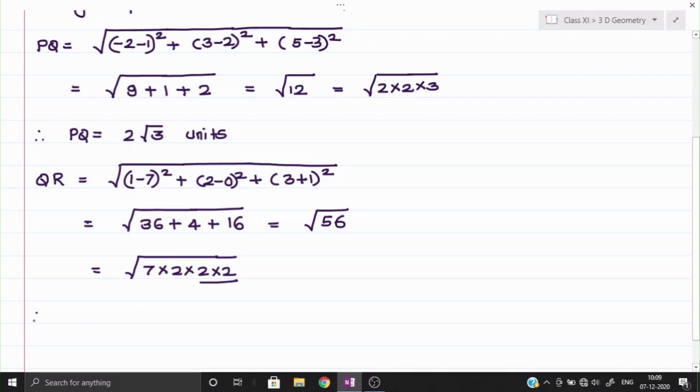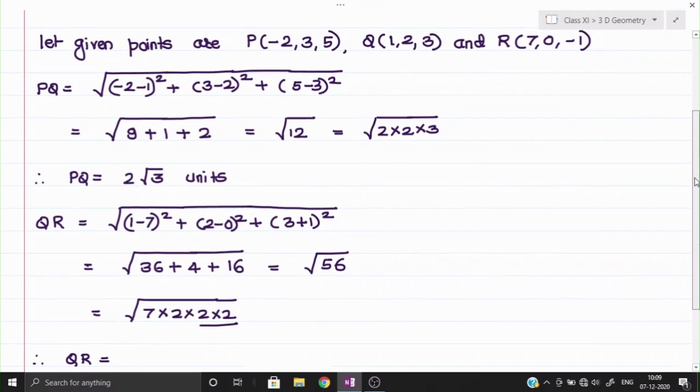So we can say that therefore QR will be equal to, I think we are making some mistake, we can check, because this is coming 2 under root of 3. So we can check once again. Let us see, is there any calculation mistake. Q and R, if we are finding it, so 1 minus 7, let me check the point first.